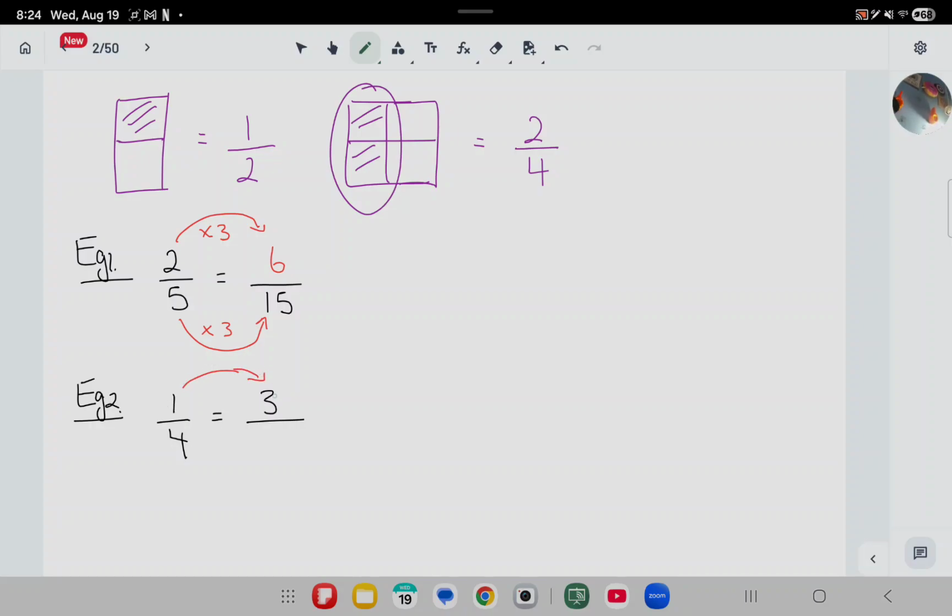So to move from 1 to 3, we know we move from a smaller number to a larger number. So therefore, we know 1 multiplied by 3 would give us 3. Whatever we did in the numerator, we also do in the denominator. So we also multiply by 3. 4 multiplied by 3 will give us 12. So we know that 1/4 is the same as 3/12.